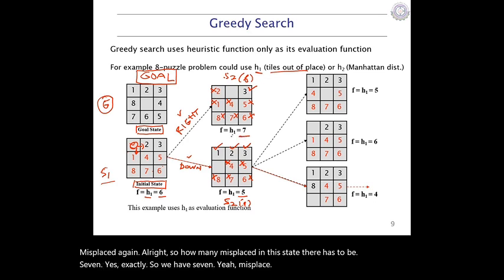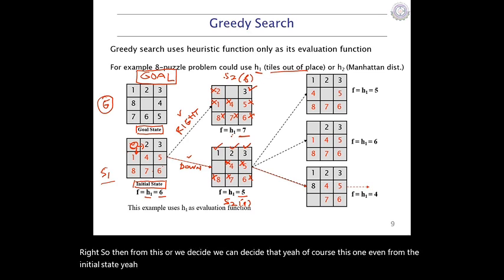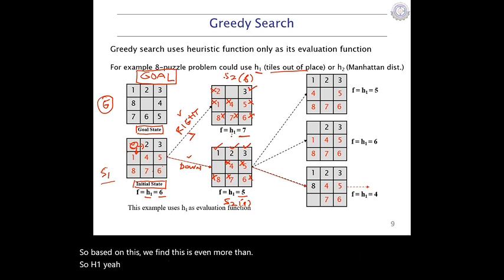Right. So from this we can decide that, even from the initial state, the misplaced tiles are becoming more, right? The previous one was 6. So based on this, S2B is even more than the initial state, while this one is less than.